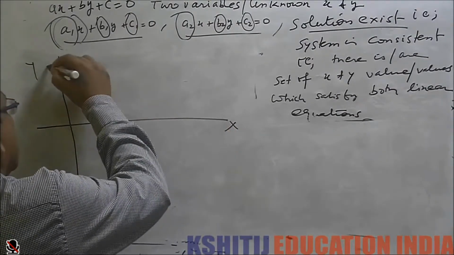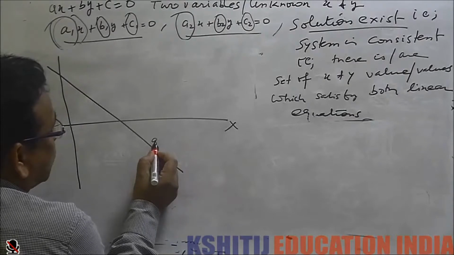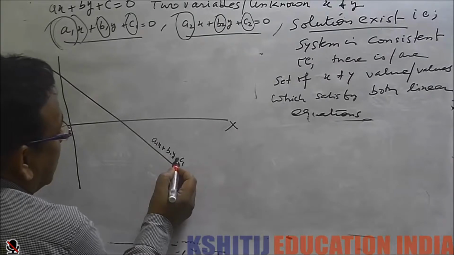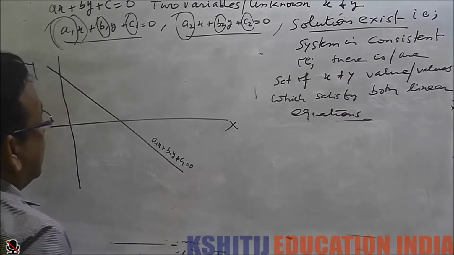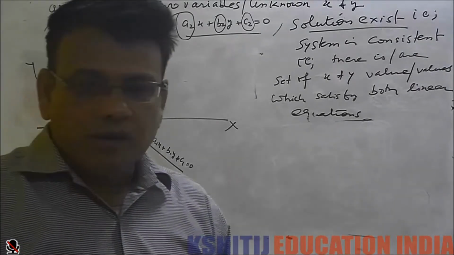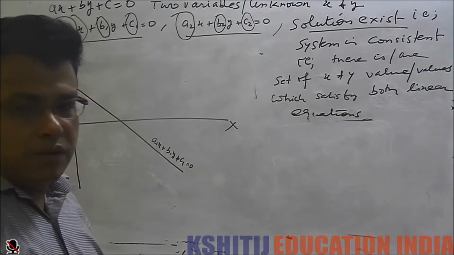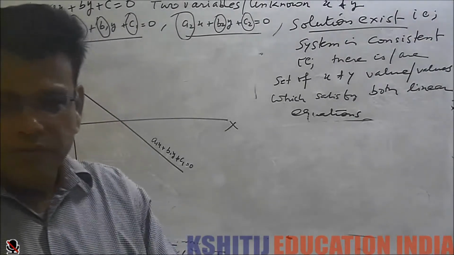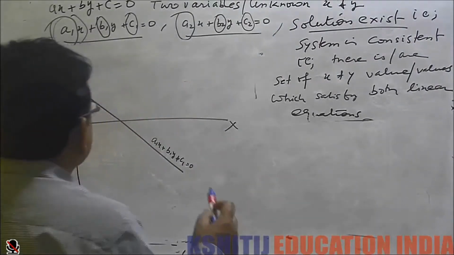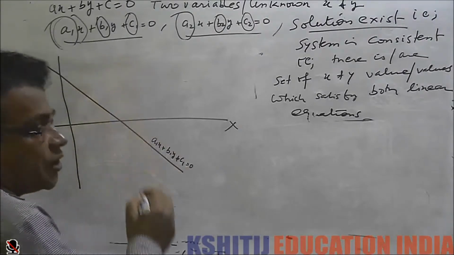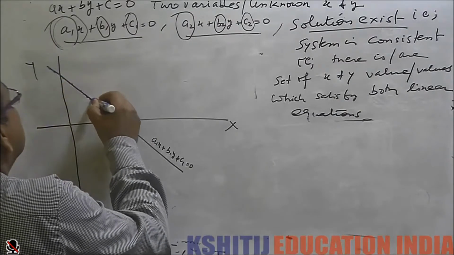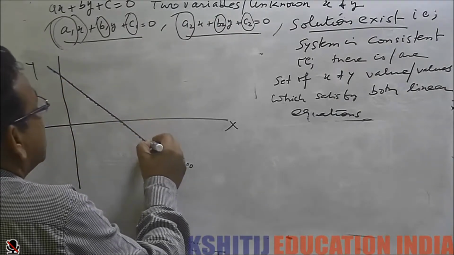So this is my first equation. Now I see that my other equation is given in such a way that it also falls on the same line, I am drawing it with a dotted line in blue color.